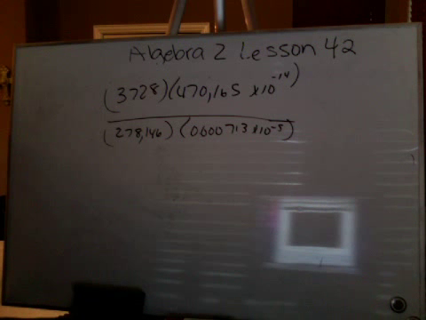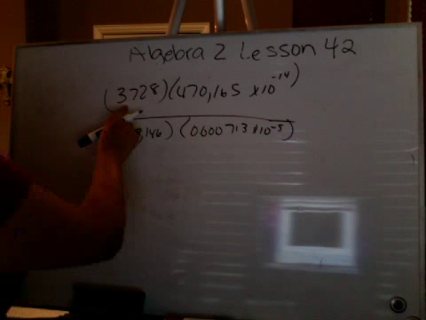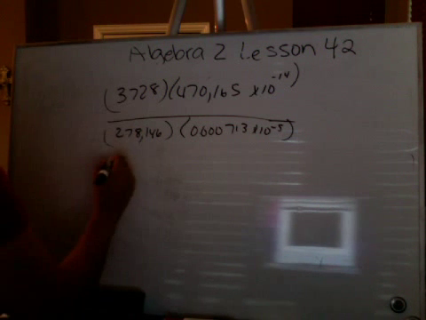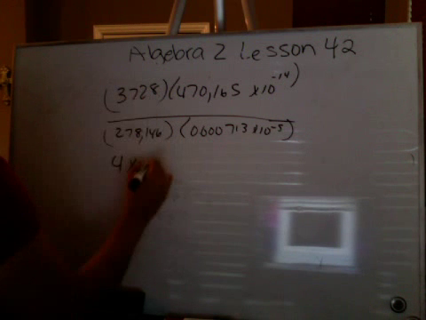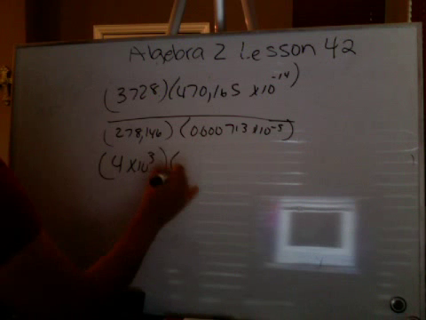Okay, so the first thing you want to do is rewrite everything and round it. So this you're going to round to 4, and you'll get 4 times 10 to the 1, 2, 3, third power.